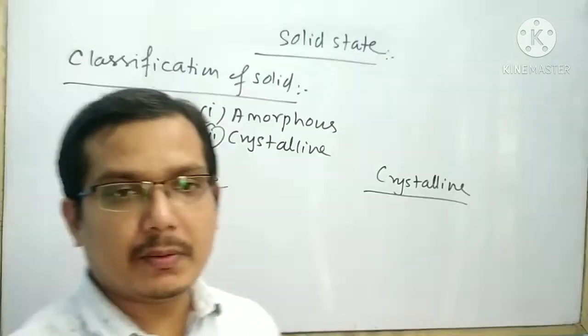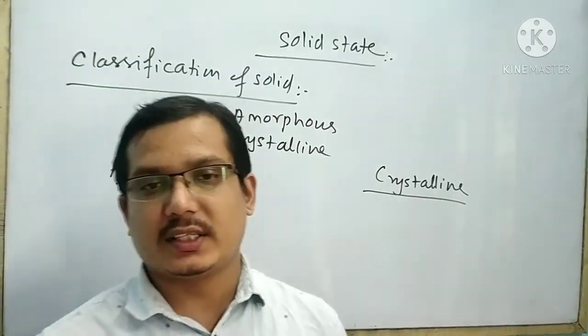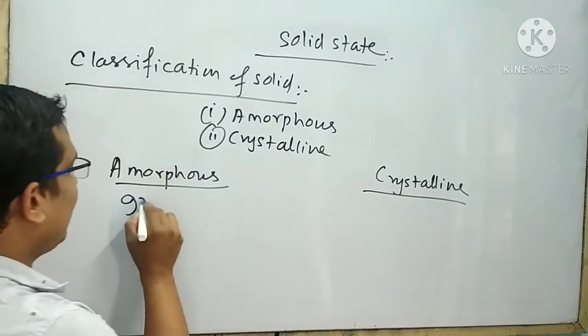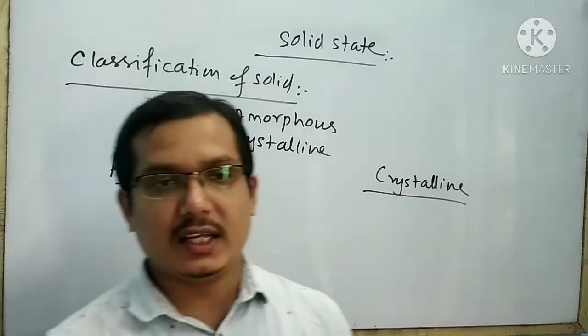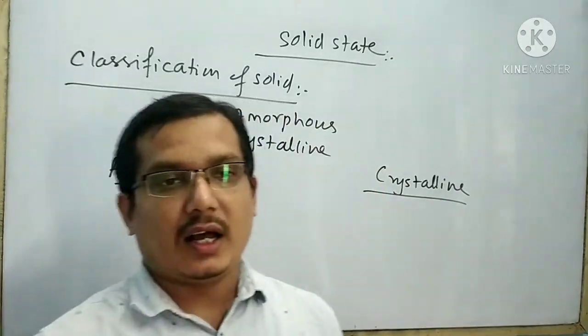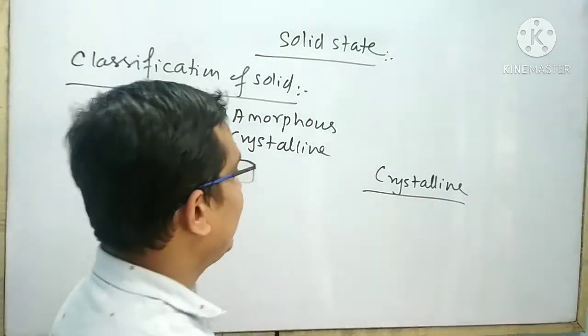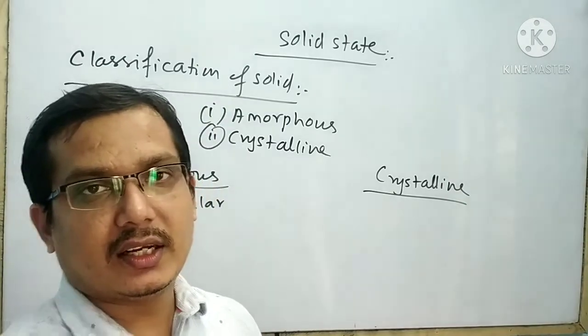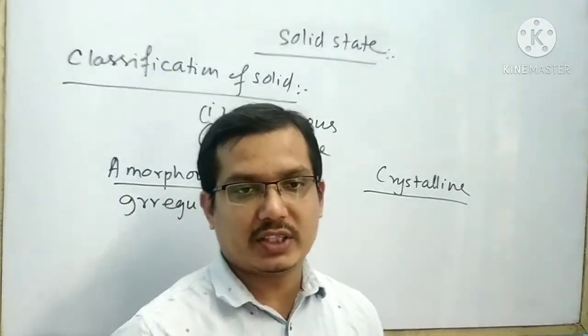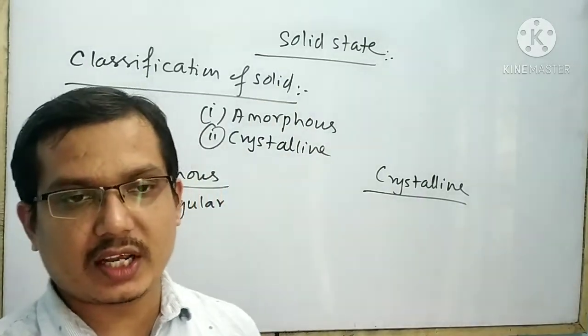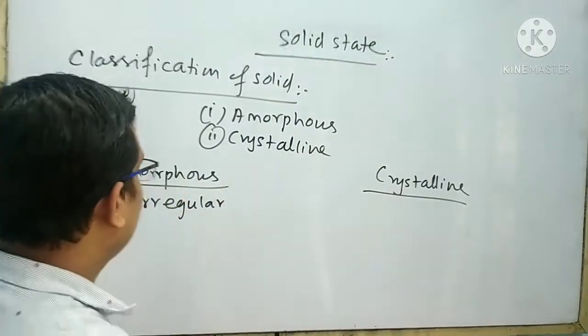In case of amorphous, the shape is irregular, but in case of crystalline, the shape is definite. That means a crystalline solid shows a definite characteristic geometrical shape.